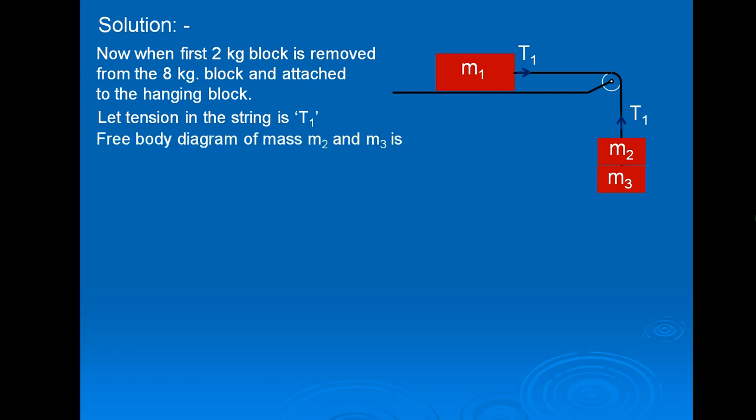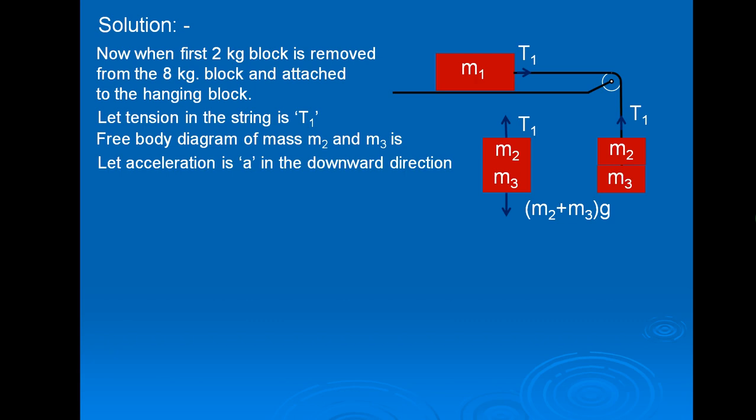Free body diagram of mass m2 and m3: this is the m3 block and this is the block of mass m2. The force acting on it is T1 tension in the upward direction, and the total weight acting in the downward direction, (m2 plus m3) into g.